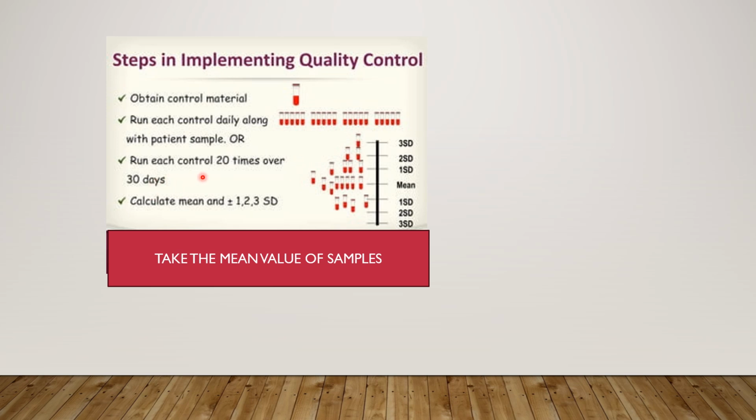Then run each control 20 times over 30 days, meaning within 1 month at least 20 times it should be done. Then calculate the mean and 1, 2, 3 standard deviations. Suppose this is the mean value, so we will check for standard deviation to the level of plus minus 3 standard deviations.